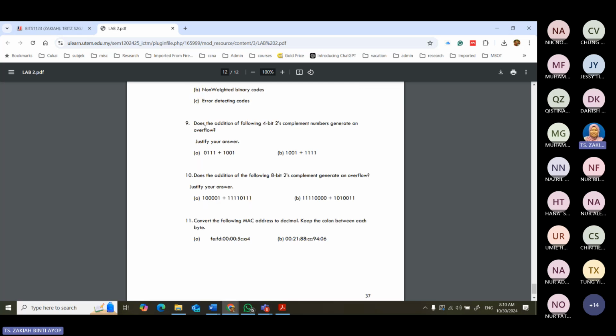Now for question 9: does the addition of the following 4-bit 2's complement numbers generate an overflow? You need to justify your answer.